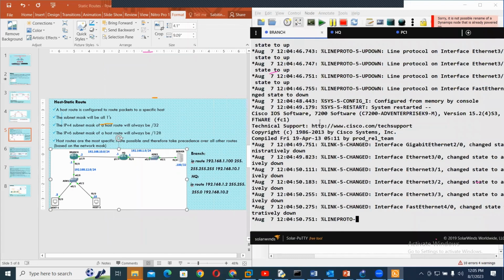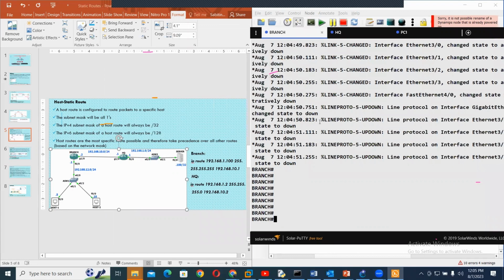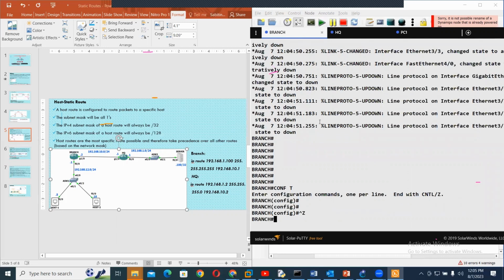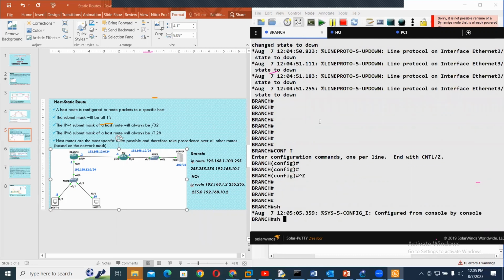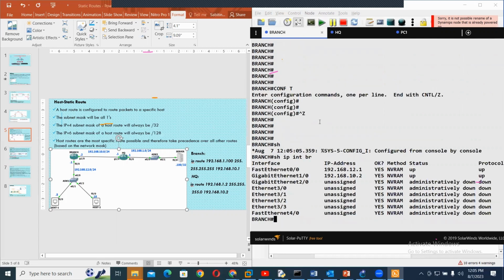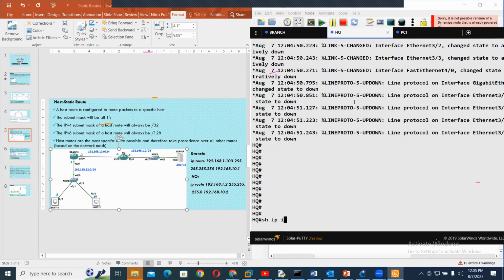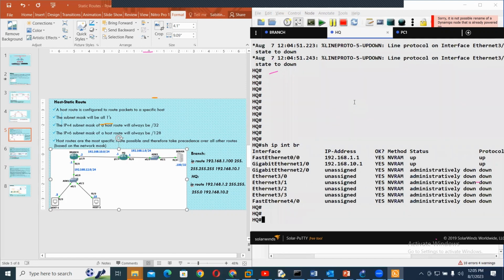Now, it's booting. Okay, we are on the branch router, configure terminal. Sorry, I have to check our interfaces. Show ip interface brief. Yes, 192.168.12.1, 192.168.10.2, yes. Show ip interface brief. 192.168.1.1, yes. 192.168.10.1, yes.